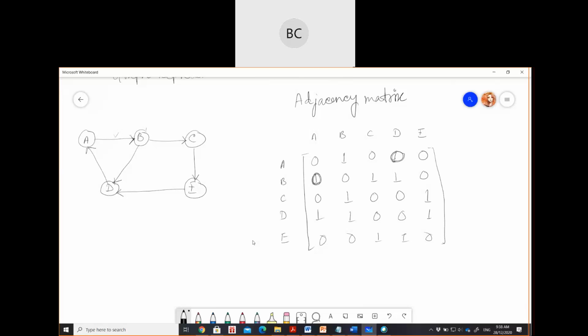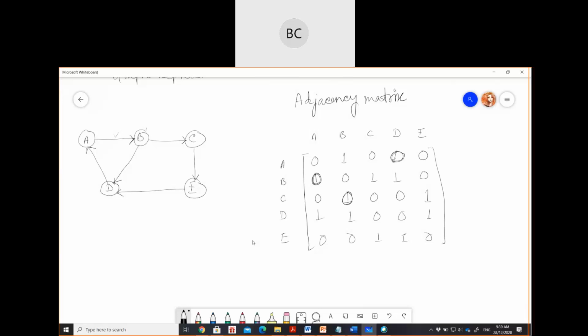Okay. Now come to C. From C, there is only one edge, from C to E. So this one will remain the same, and from C you cannot go back to B. This value will become 0. Okay.